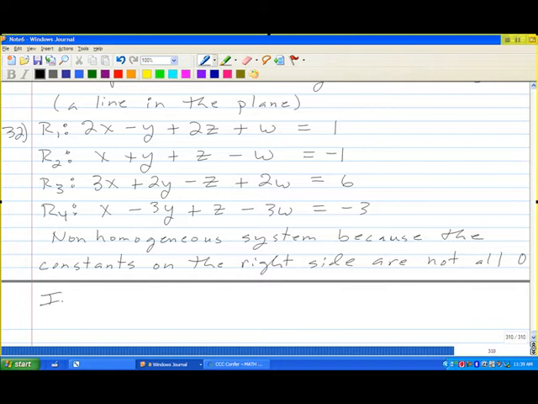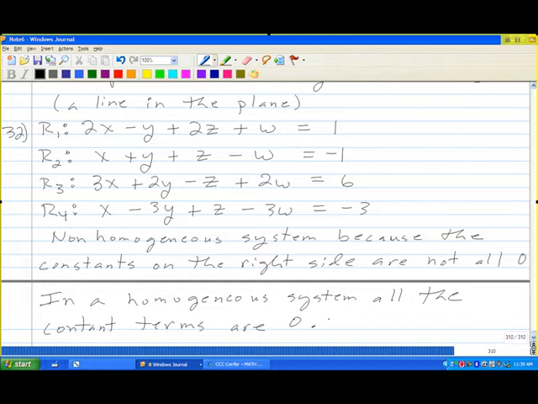So in a homogeneous system, all the constants are zero. Okay.